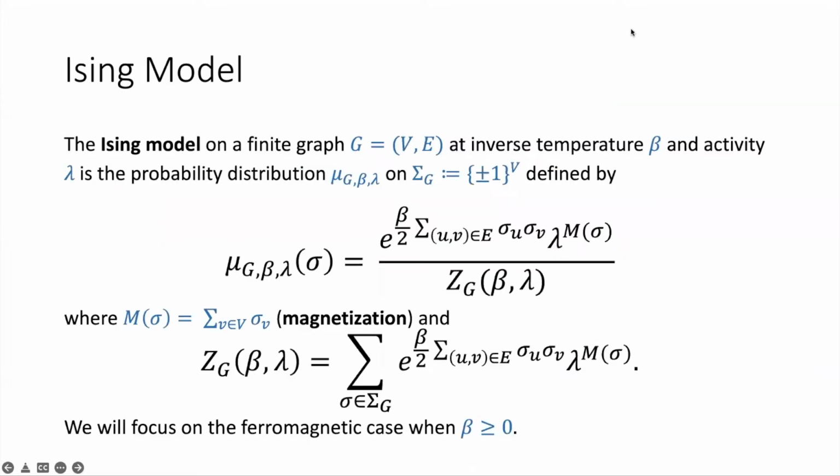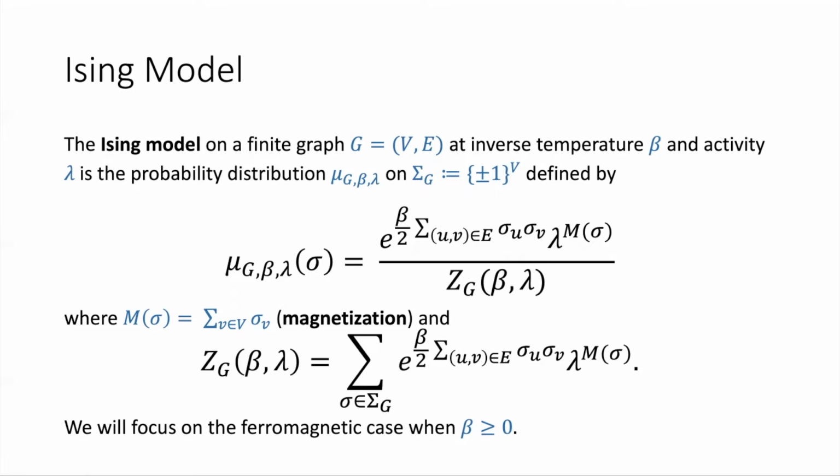So here we have the actual mathematical definition of the Ising model as we're going to use it. We fix some finite graph G, we fix an inverse temperature beta, often called just temperature, and an activity lambda, and we define a probability distribution over sigma G, that is all signings of G, all assignments or configurations, +1 or -1, to every vertex. The probability of a particular assignment sigma is going to be proportional to e to the beta over 2 times the sum of edge interactions.